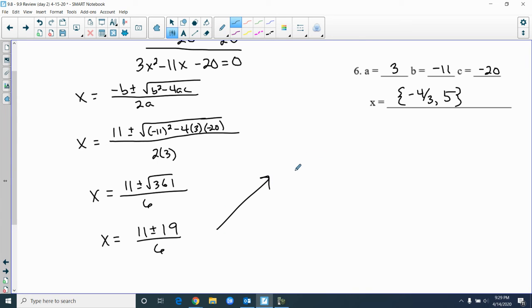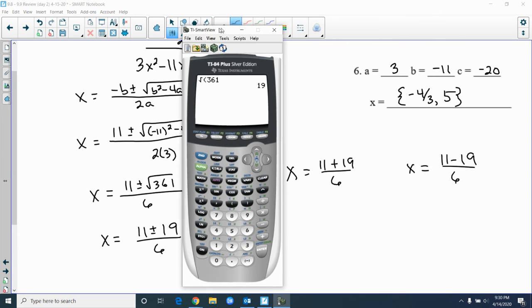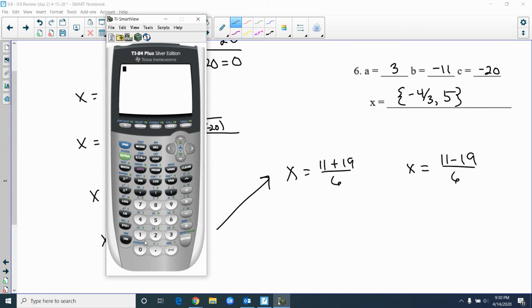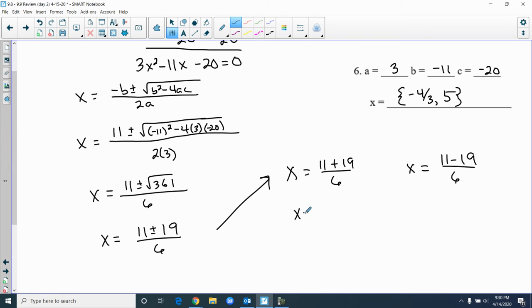So I got 11 plus 19 divided by 6, and then 11 minus 19 divided by 6. Well, what is 11 plus 19? That is 30. And what is 30 divided by 6? That is 5.